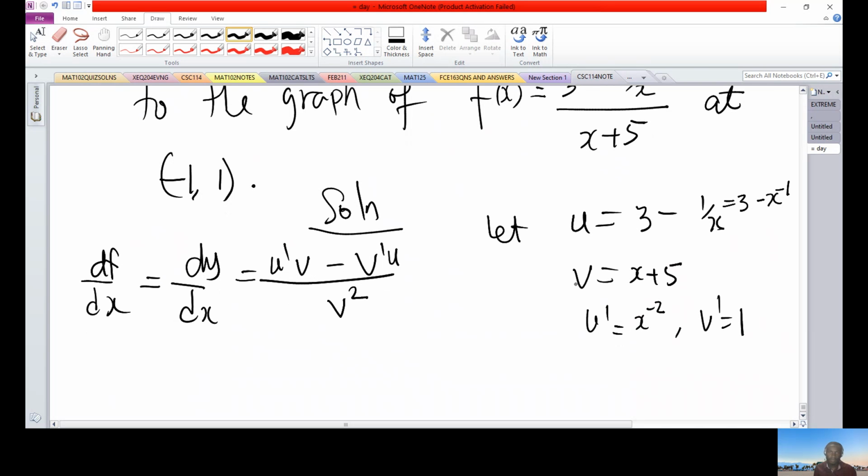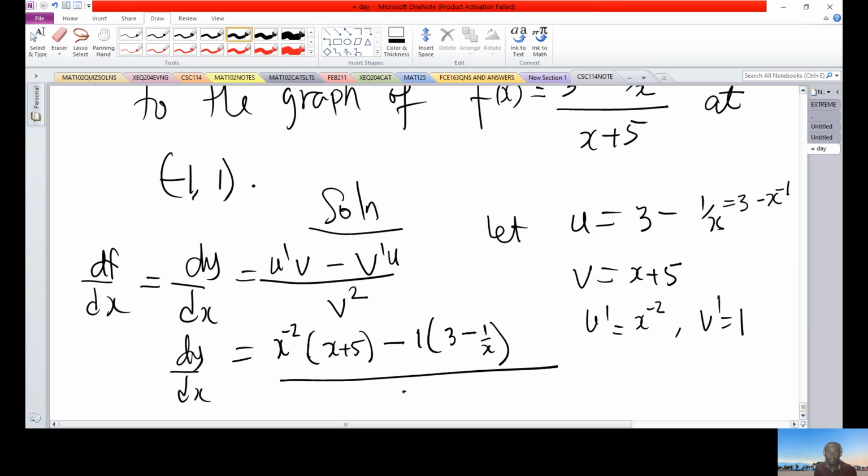So dy/dx will be x to the minus 2 times x plus 5, minus 1 times 3 minus 1 over x, divided by x plus 5 squared.